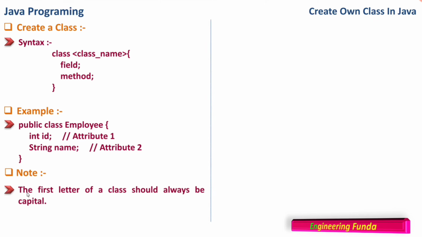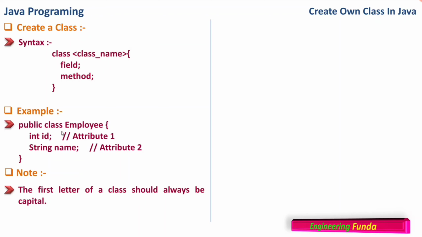Please note this, the first letter of a class should always be capital. Now my dear friends, this is actually not compulsory, but this is a regular practice, that the naming convention in Java follows the camel case. Now what is camel case?